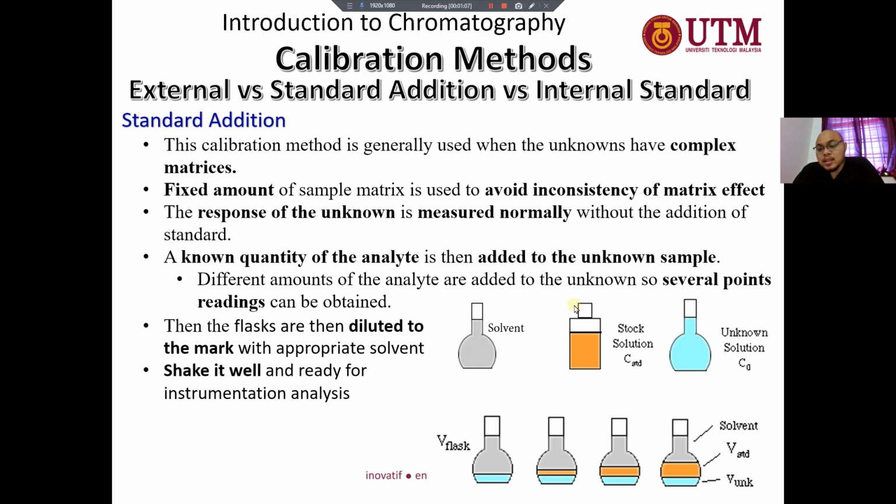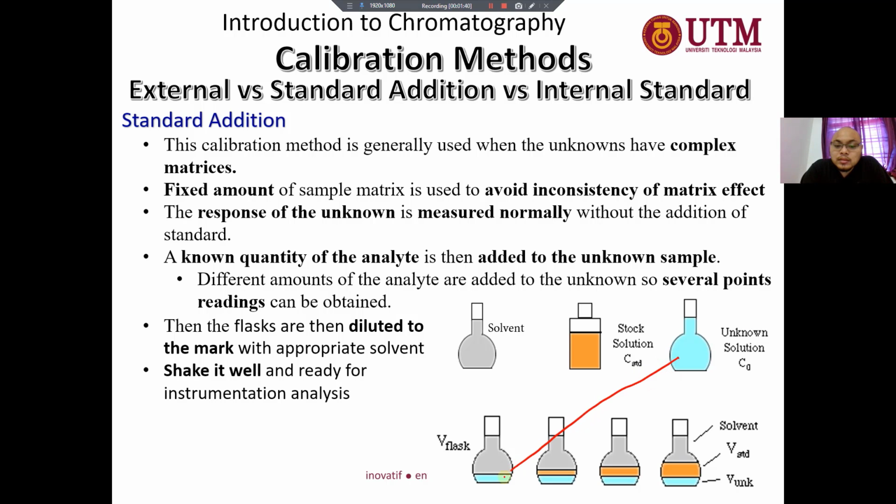Here is the figure that we usually need in the standard addition method. First, we need the solvent, which is used to dilute your sample. We need the stock solution, which means your standard. And here is your sample, or what we call the unknown solution. Here is the first flask, and you need to add your sample.